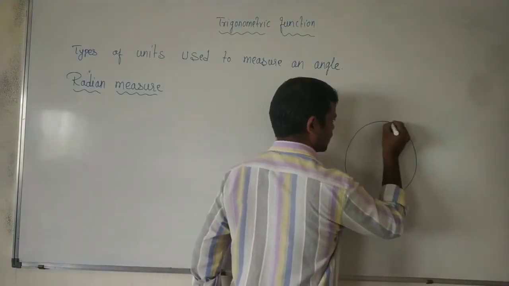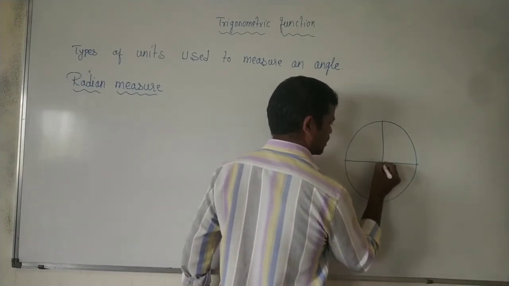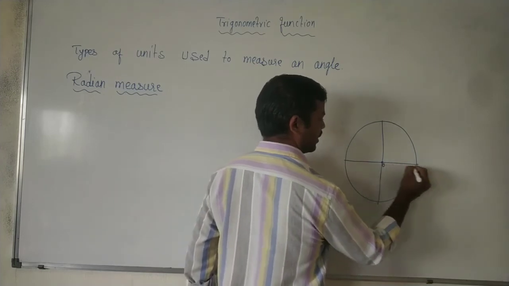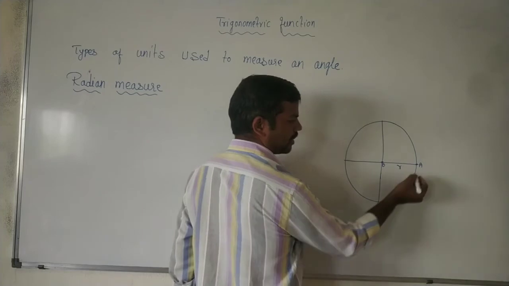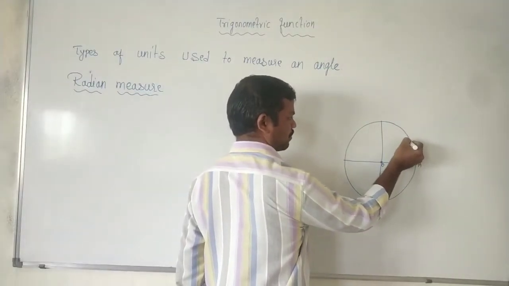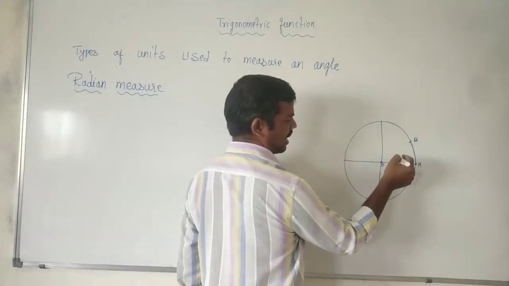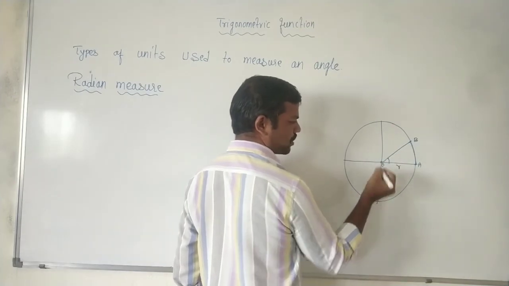Consider one circle whose radius is r. This is the center, which we consider at the origin, and OA is a radius. This OA forms an arc AB up to where it reaches B. So AB is called an arc, and this arc makes an angle at the center of the circle.